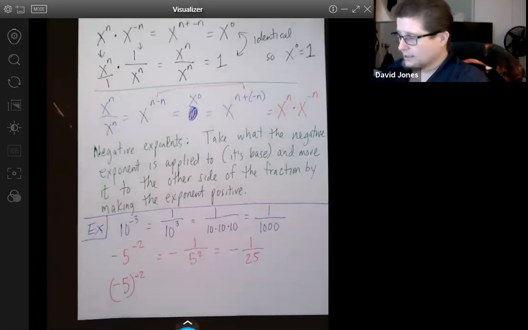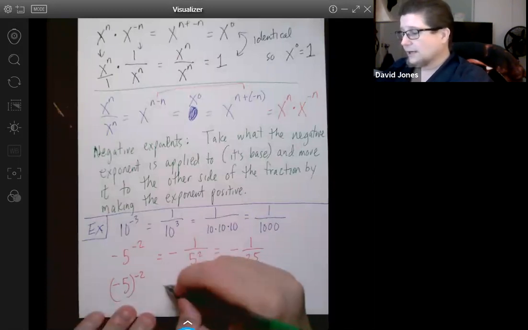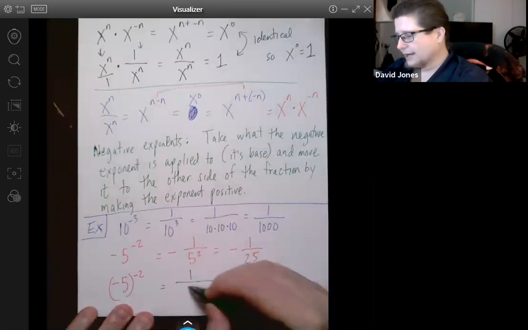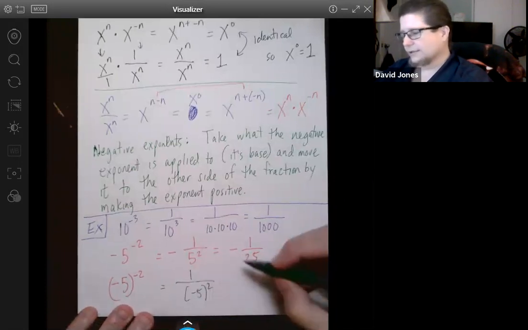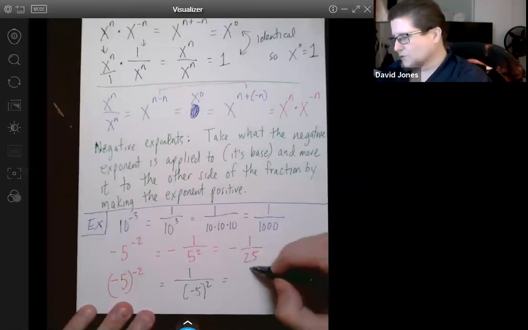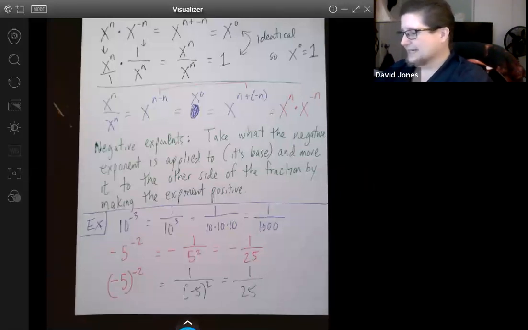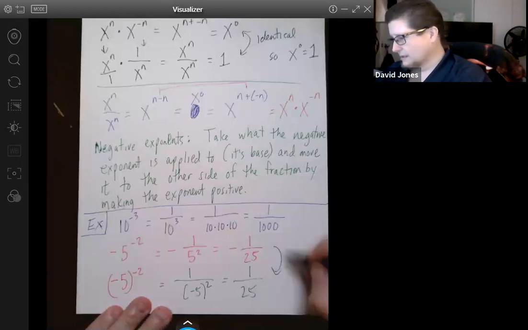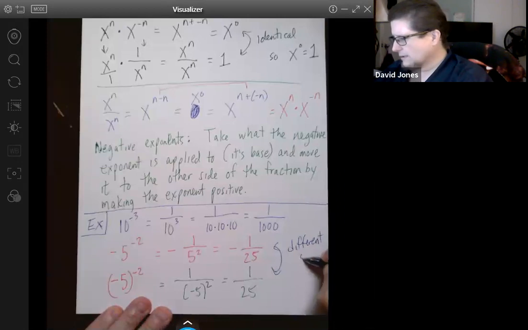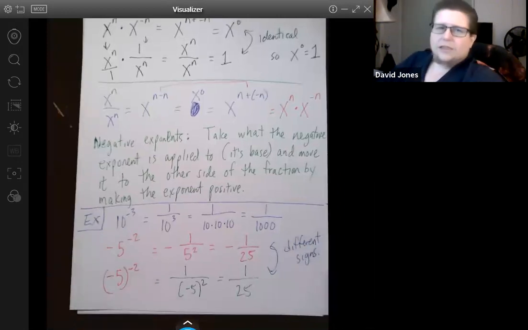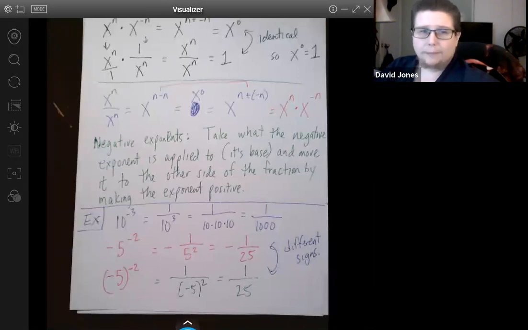This one is saying 1 over (-5) squared, and (-5) squared is 25, so 1 over 25. Different signs. The negative in front of the coefficient only applies to the 5 if it's in parentheses when you have exponents like that. Okay?